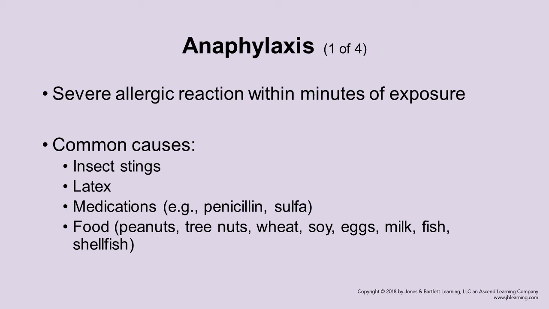The next phenomenon that we'll discuss in terms of upper airway obstruction is that of anaphylaxis. Anaphylaxis is a severe allergic reaction which happens within minutes of an exposure to an allergen for that particular child.